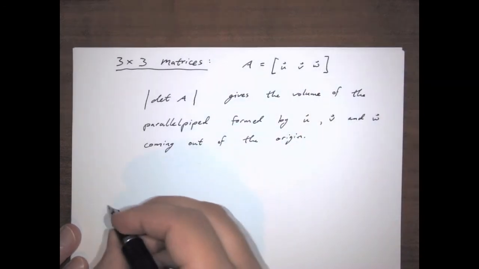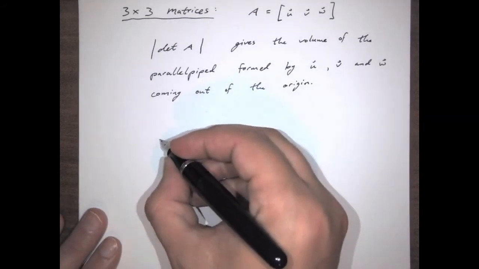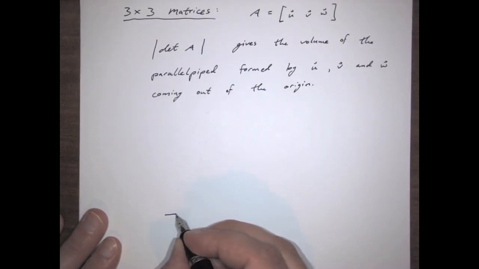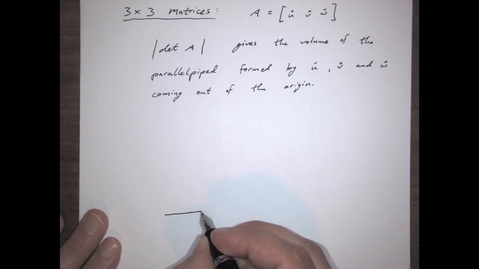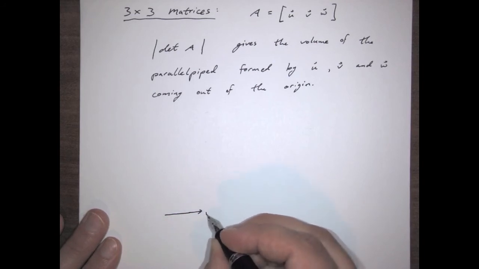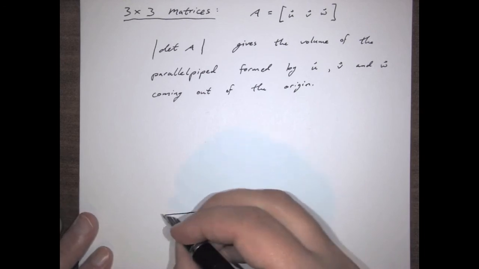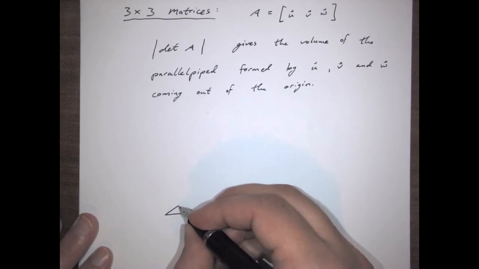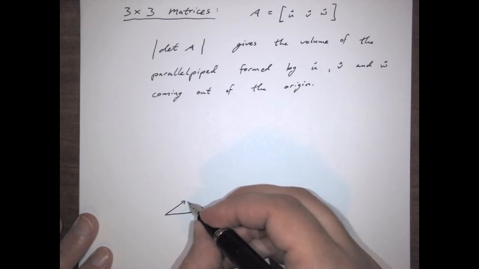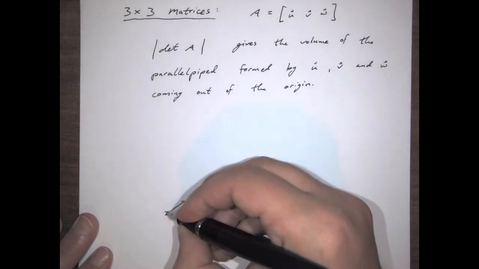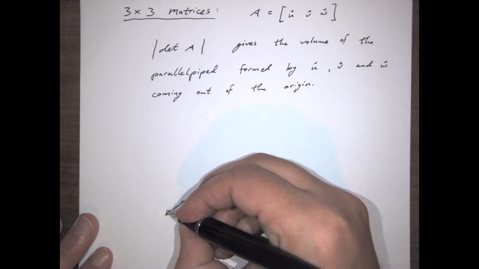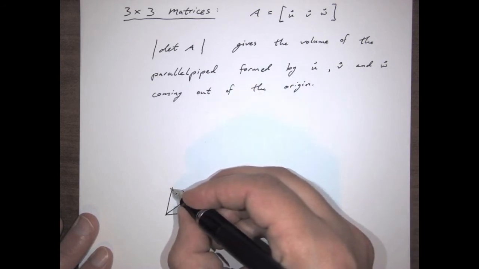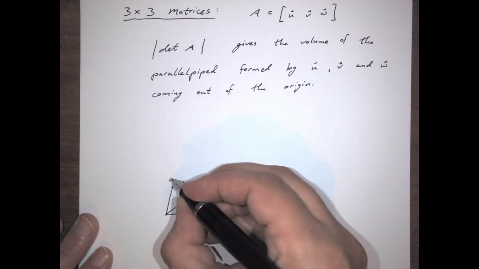So as an example, just to see a sketch of this, let's say that we had U and it was going like that. Let's say that we had a V that was going like that. Say that's going into the page. And then we had a W that was coming up like that. And I don't want to bog us down too much with drawing axes or anything.